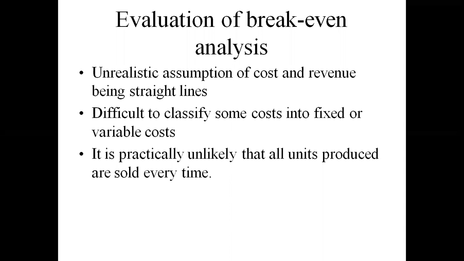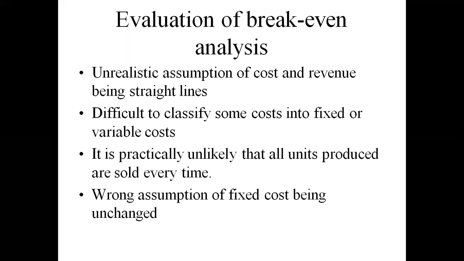They cannot sell all of the items all of a sudden, so they have to wait for the customers to come. Some of the items they sell immediately, and some of the items they keep as inventory. But in break-even analysis they assume that whatever is produced by the business is sold in the market. That is wrong. This doesn't happen every time.